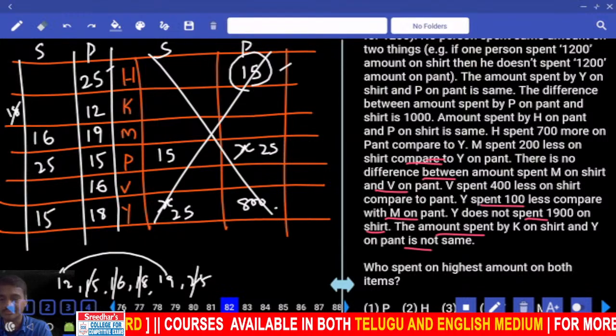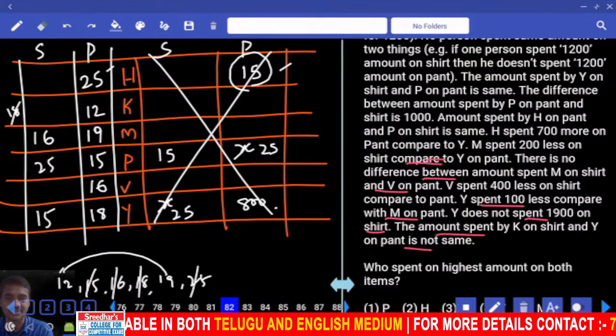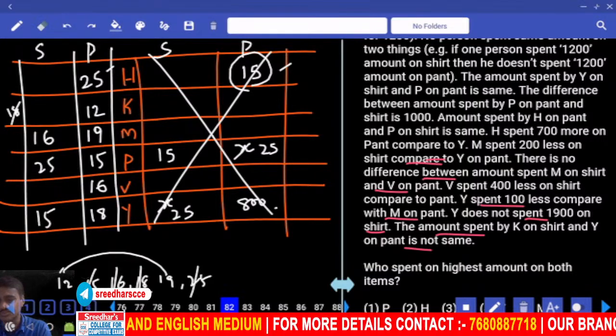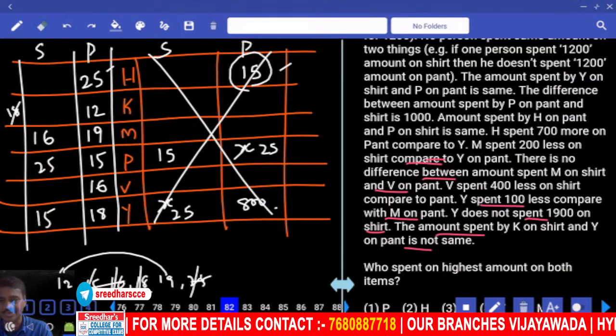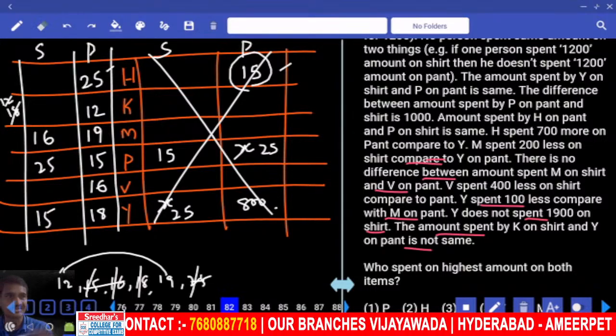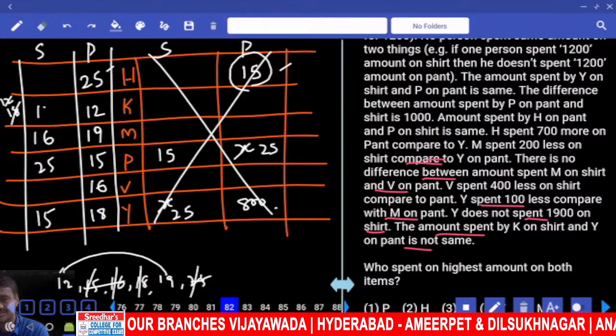Now what are the other numbers left over? 16, 25, 15 are there. We have 18 for two places. Then 16, 25, 15 are done. Now 12, 18, 19. Now 12 cannot be here, because shirt and pant are not the same amount. 12 and 18 were ruled out. Then it is 19.